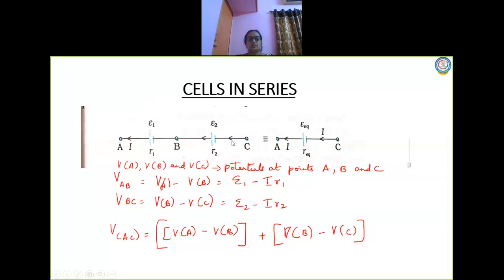Similarly, here R equivalent will be the combination of R1 plus R2. Is it clear? So, psi equivalent equal to psi1 plus psi2. R equivalent is equal to R1 plus R2. So, I have combined both the cells together, and this is the equivalent circuit of these two cells that are connected in series. Hope you understood this diagram, right?